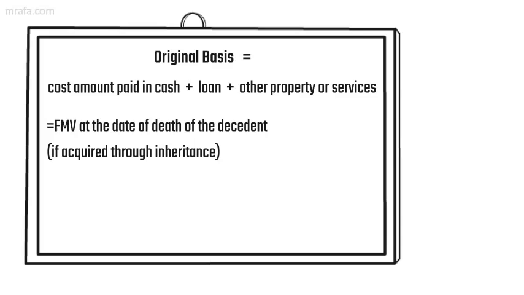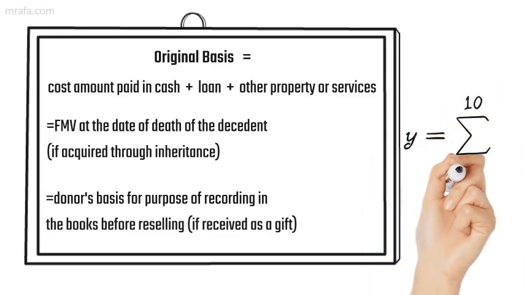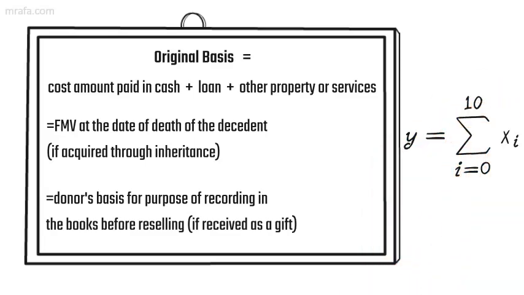And if you receive that item through an inheritance, you will also need the date of death of whoever gave you that property, because you need the fair market value of that property.